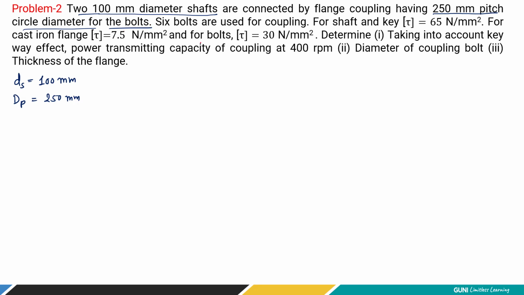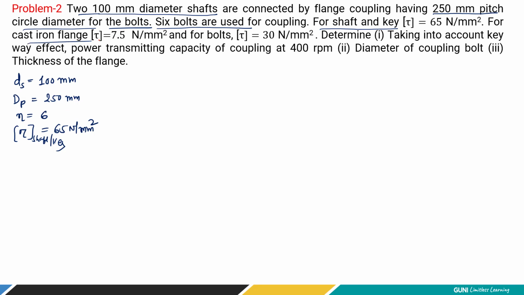For the bolts, 6 bolts are used, so the number of bolts is also given as 6. For shaft and key, the shear stress is given as 60 Newton per millimeter square, right?